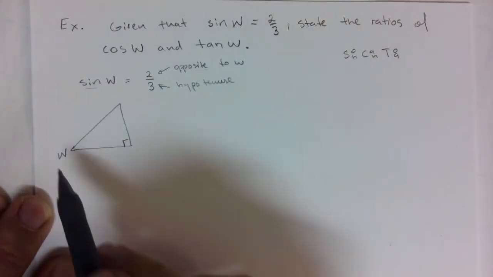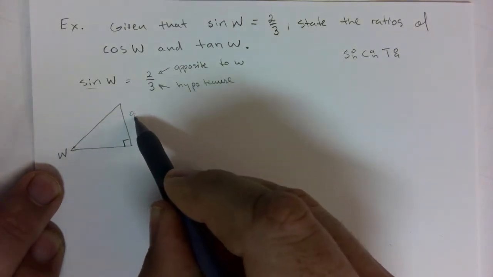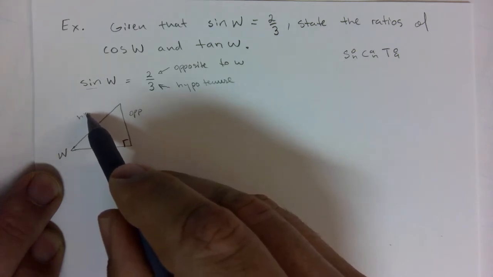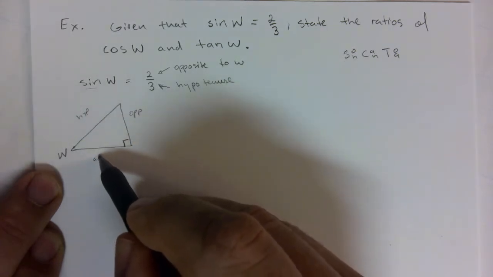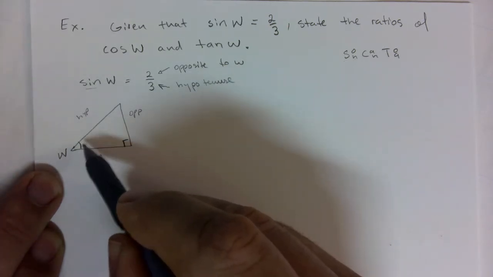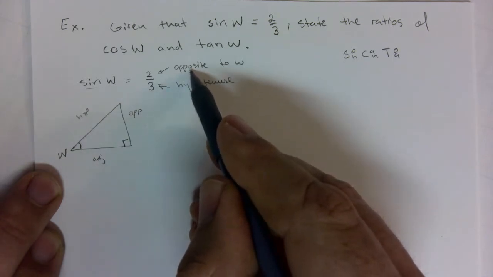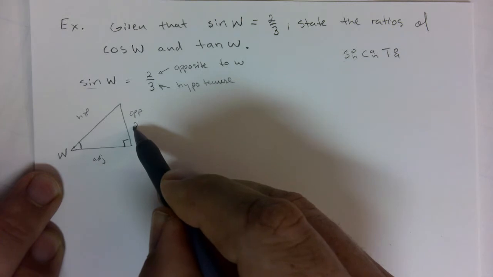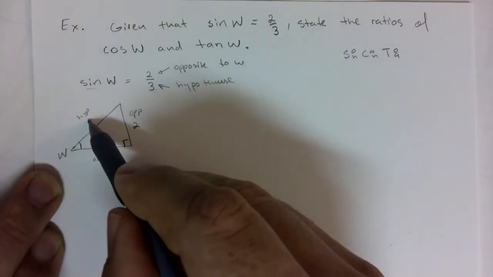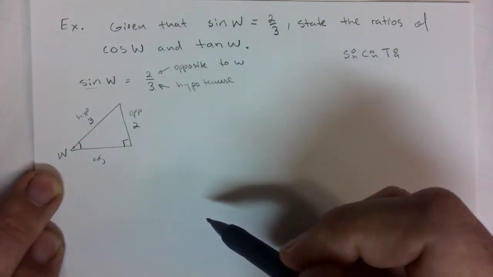So if you put w there, then the opposite side to w would be here, and the hypotenuse would be here, and therefore the adjacent would be here. Okay, if w is your reference angle, then this is true. Now we know in particular that the opposite side has a value attached to it, which is 2, and the hypotenuse has a value attached to it, which is 3.